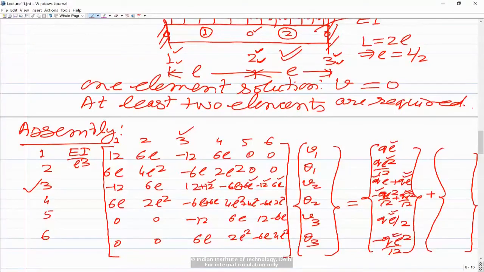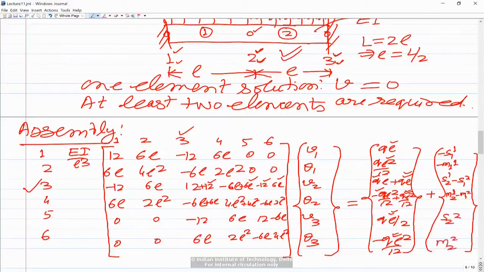Now the internal load vector, so for the first element, we are putting the superscript as the element numbers. So we have minus s1, we have minus m11, and then we have the s21, and then we have m21. So this is the contribution from the first element in the internal load vector. Then for the second element we will have minus s12, minus m12, and then we will have s22 and m22.